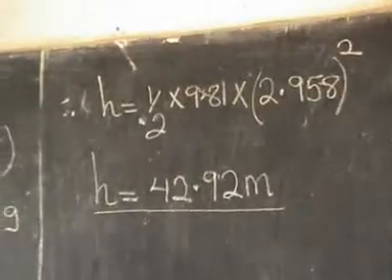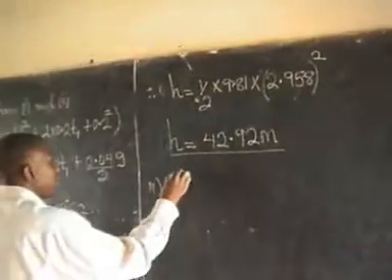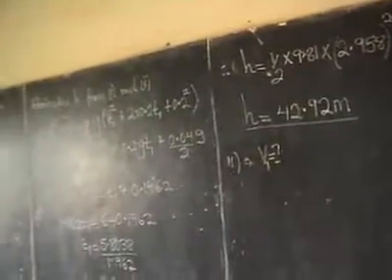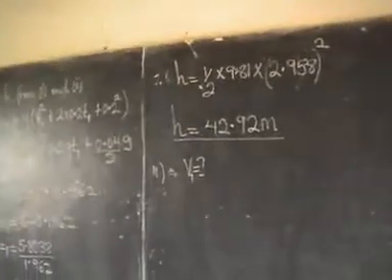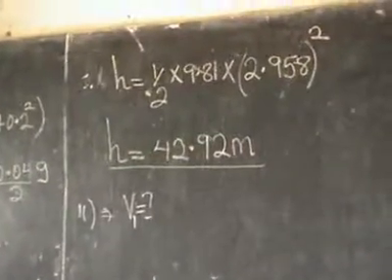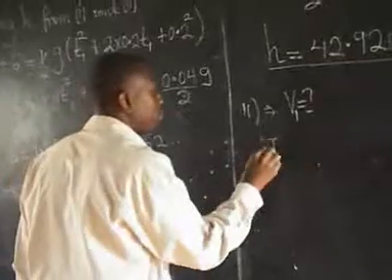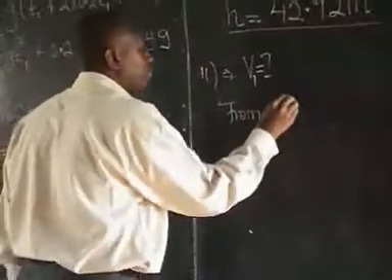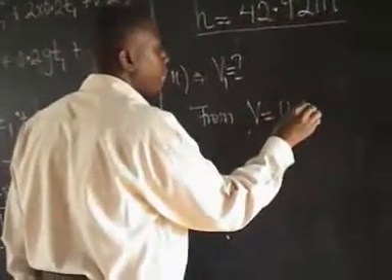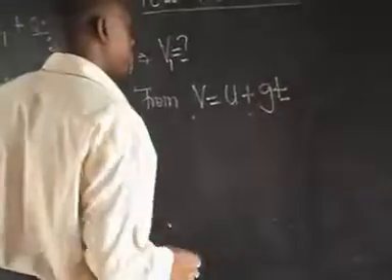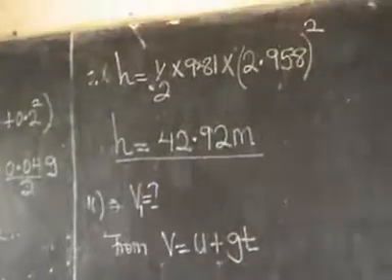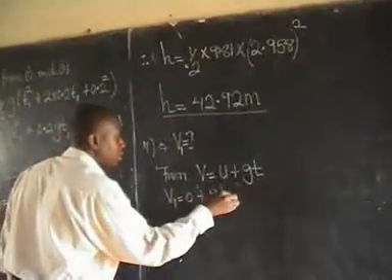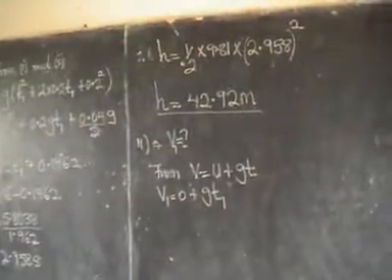So Roman 2 requires us to find V1, the instantaneous velocity when this body has just reached the window. From V is equal to U plus GT, V1 will equal 0 plus G T1, where T1 is the time taken.